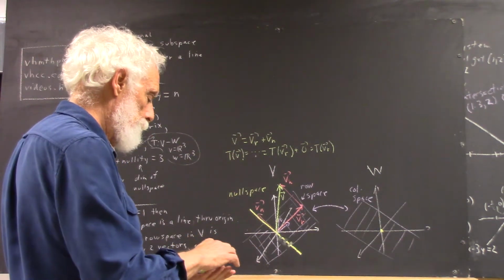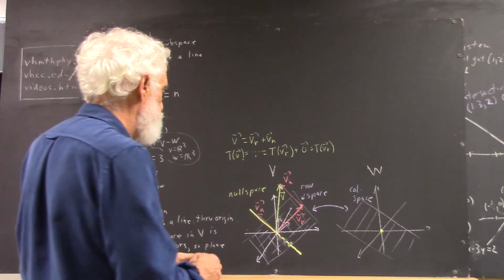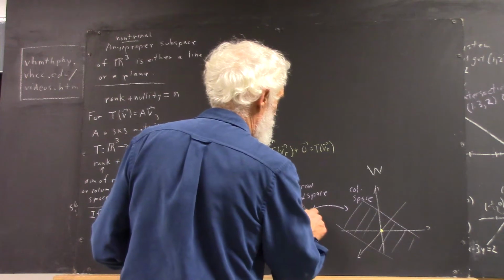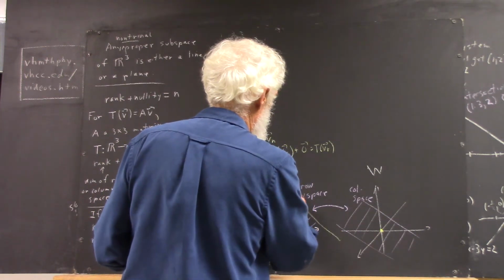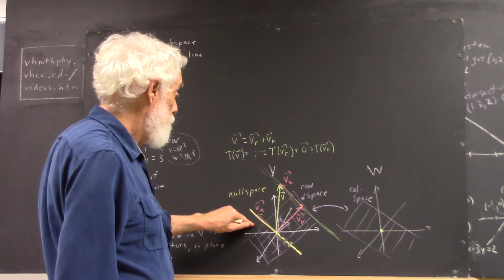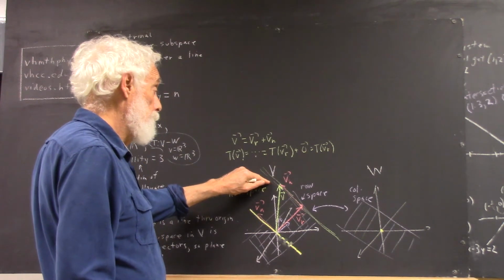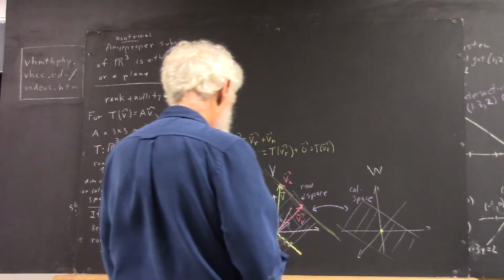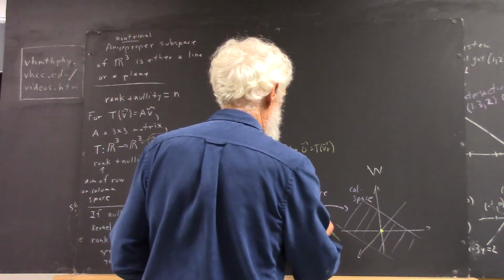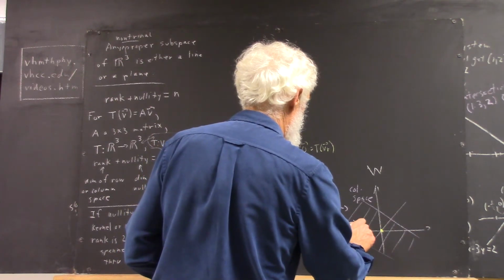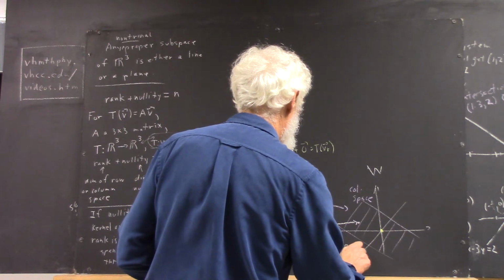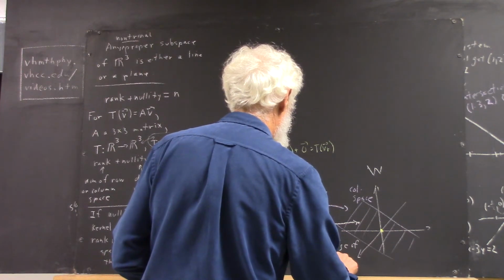And then, of course, if I extend this line here, it's a line parallel to the null space. Okay? Every vector on this line goes to the same point. So that if VR goes to here, this is your image of VR.